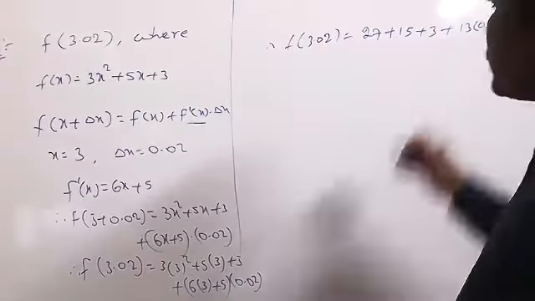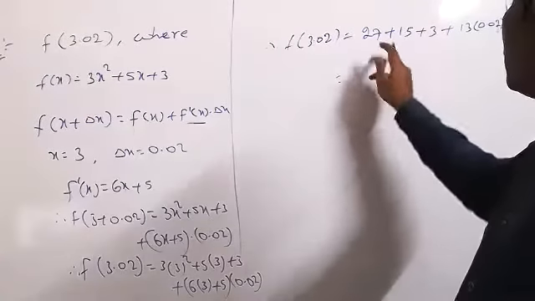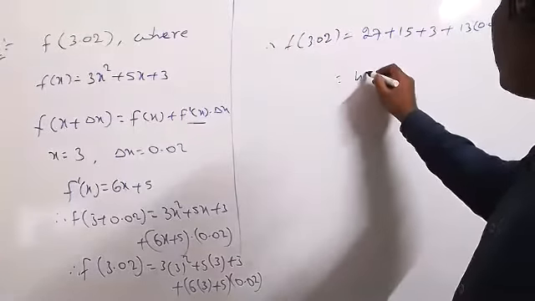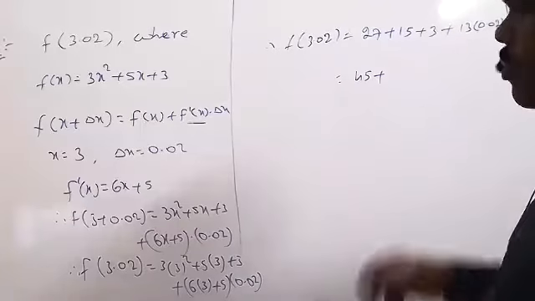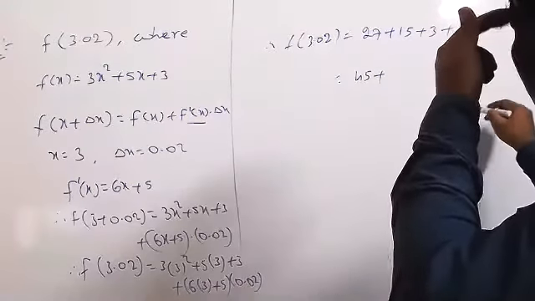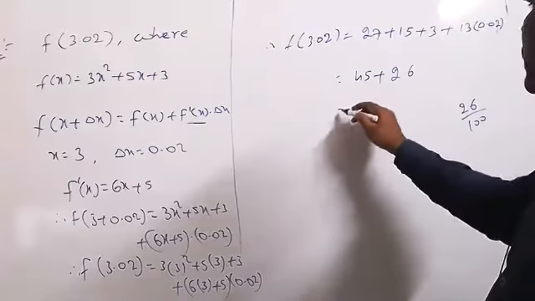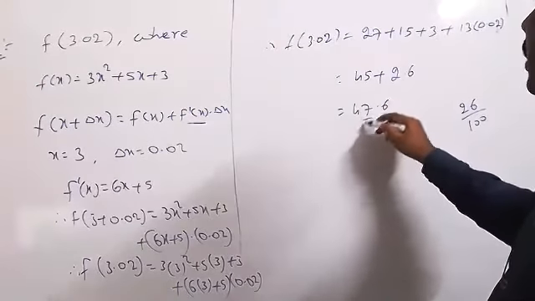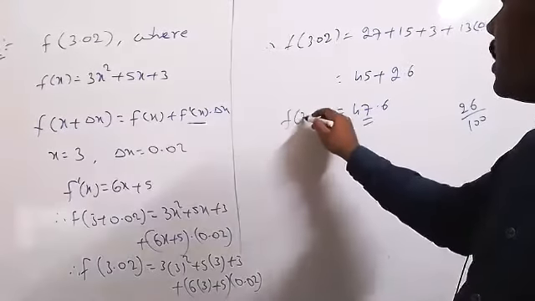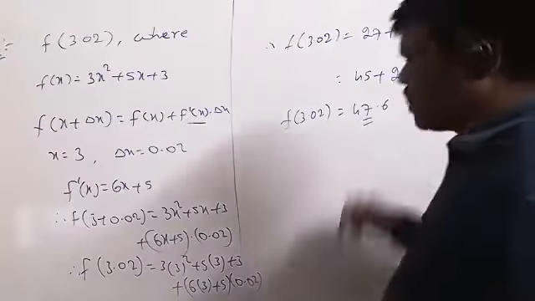Sum of all the numbers equal to 45 plus 23 into 0.02 equal to how much? Please tell me.